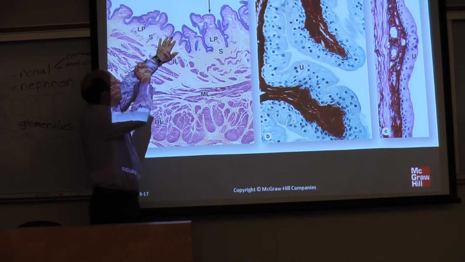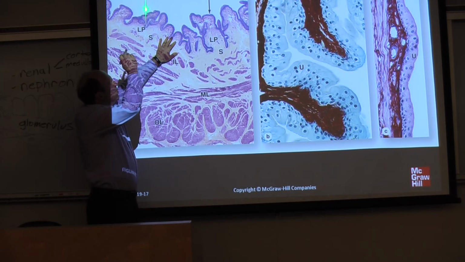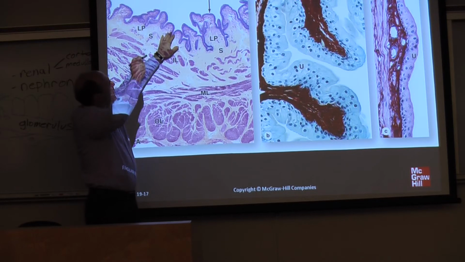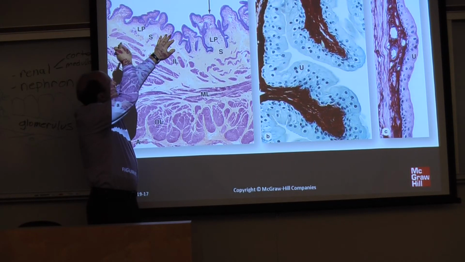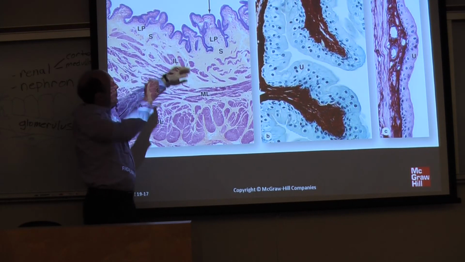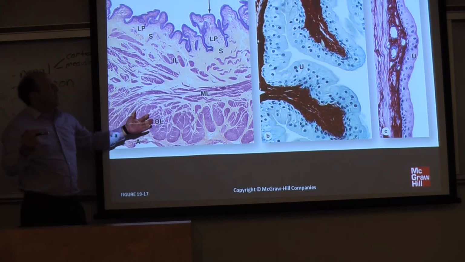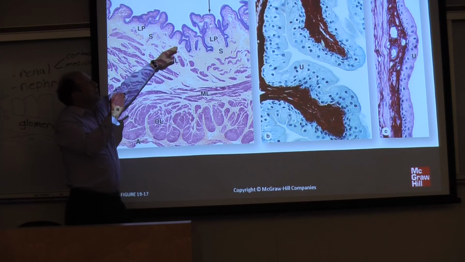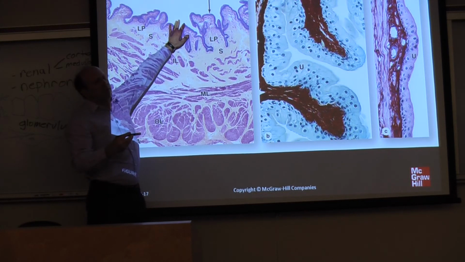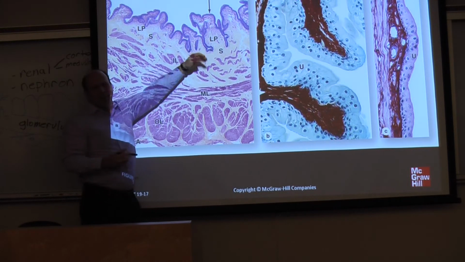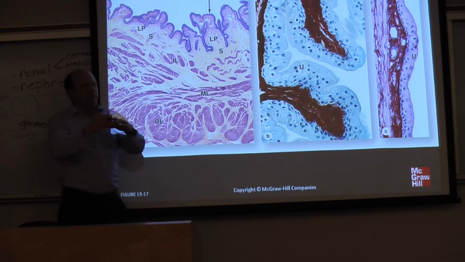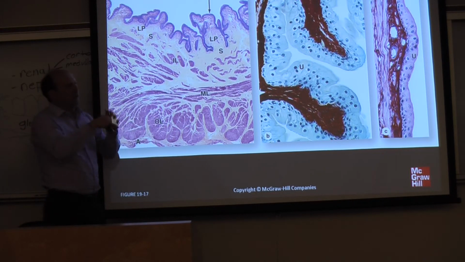Facing a lumen, an opening, any kind of opening, the epithelia is always going to face the lumen. So if I ask you, in a picture that you didn't recognize, where's the epithelia, you would say it's going to face the outside. Where's the outside? The white part here, the lumen. Even though the lumen is the inside of the body, it's also where fluids are going through, so it's analogous to the outside.